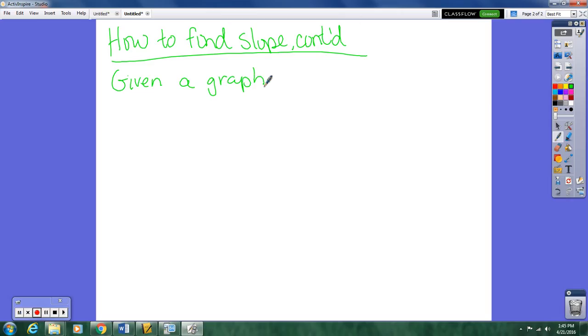So if you're given a graph, you've got a picture. And so there's a picture of a line. How do we find that slope? Well, the slope is right over the line, but what do I need on that line?